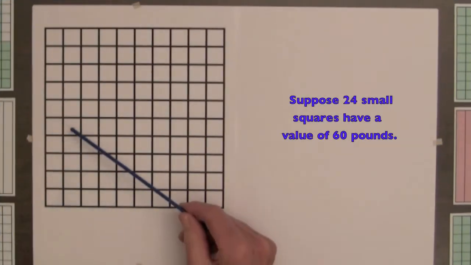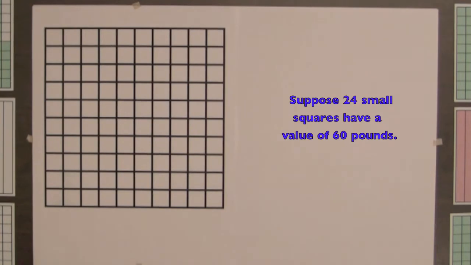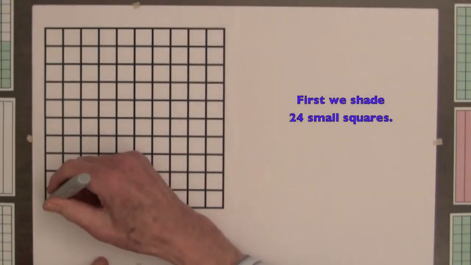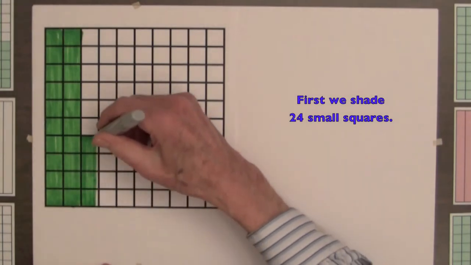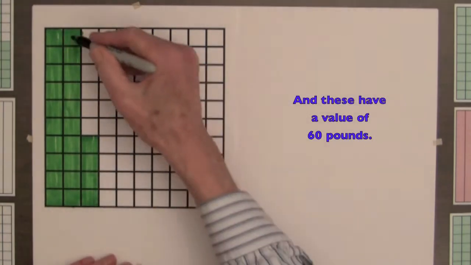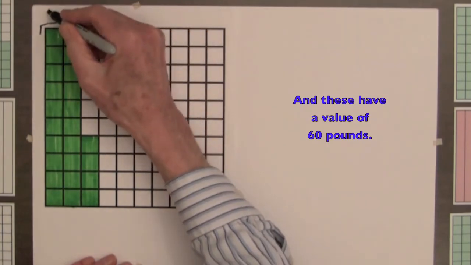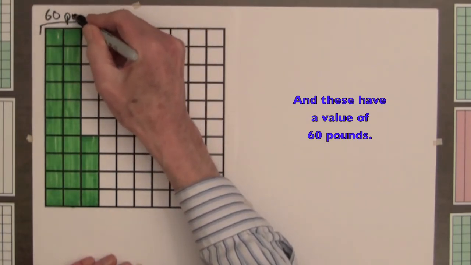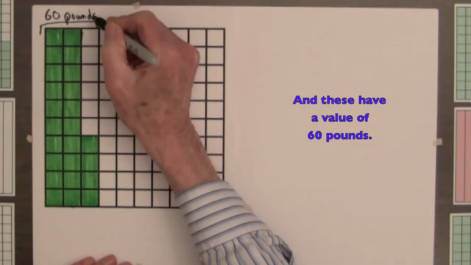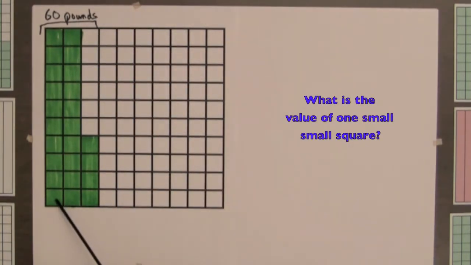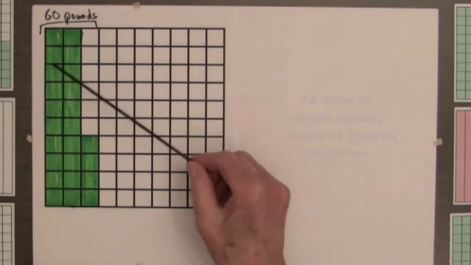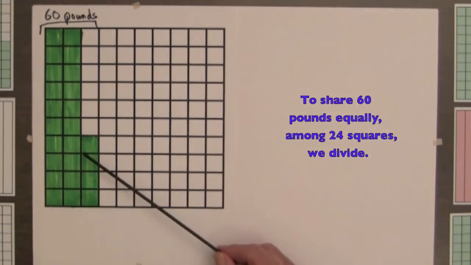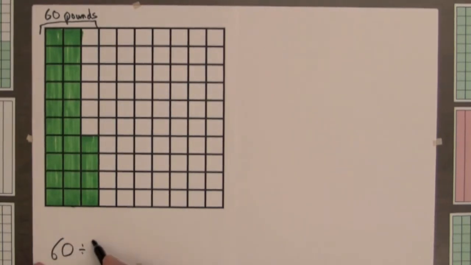Suppose 24 small squares have a value of 60 pounds. First we shade 24 small squares, and these have a value of 60 pounds. What is the value of one small square? To share 60 pounds equally among 24 squares, we divide 60 divided by 24 equals 2.5 pounds.